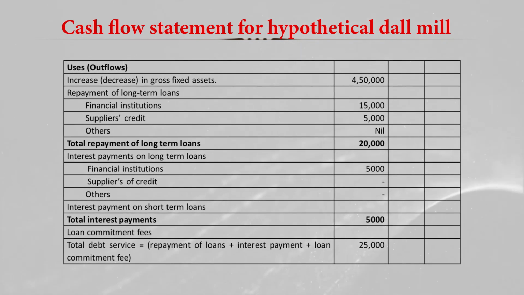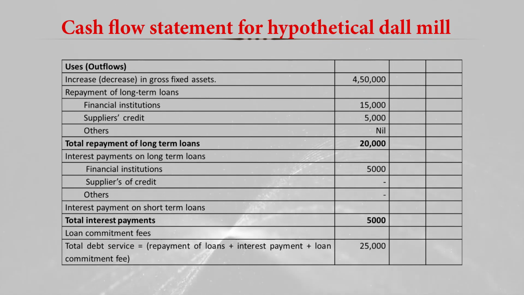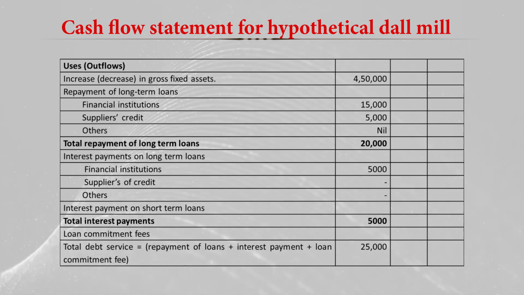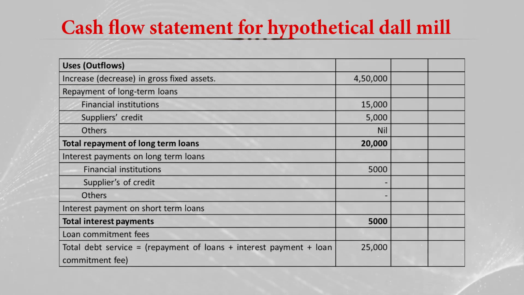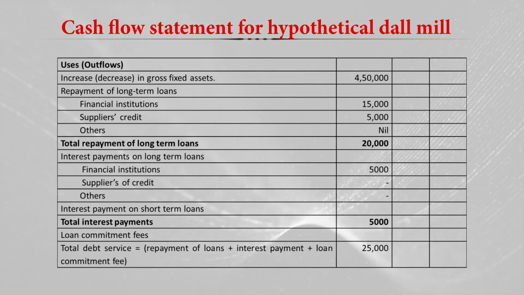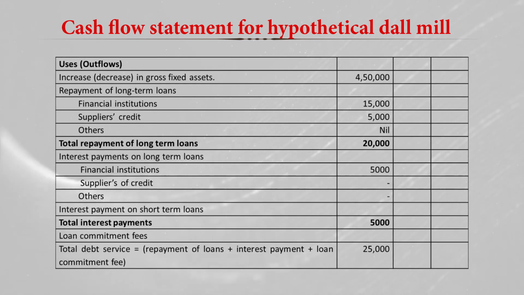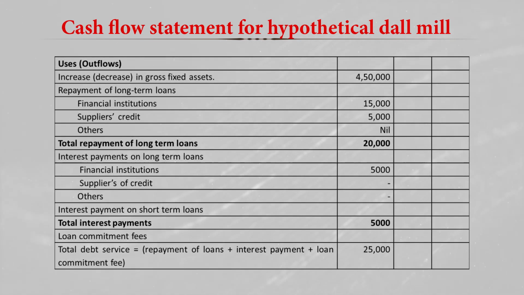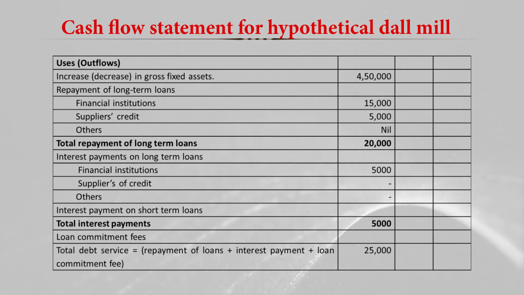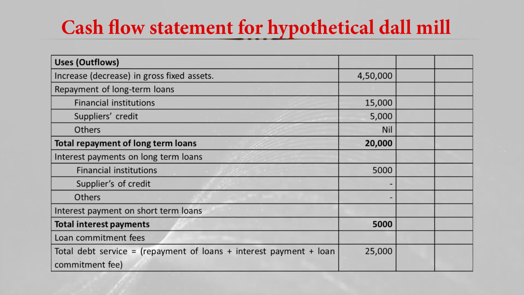Then there is an interest payment on the long-term loan, that is 5,000 we are paying to the bank as interest. So that is also an outgoing fund from the company. So total interest payment is 5,000 here. And if there is a loan commitment charge or fee, we can include that. So total debt services equal repayment of the loan and the interest payment or the loan commitment fee. 20,000 loan we are paying and 5,000 interest we are paying, so that is 25,000 total debt services.